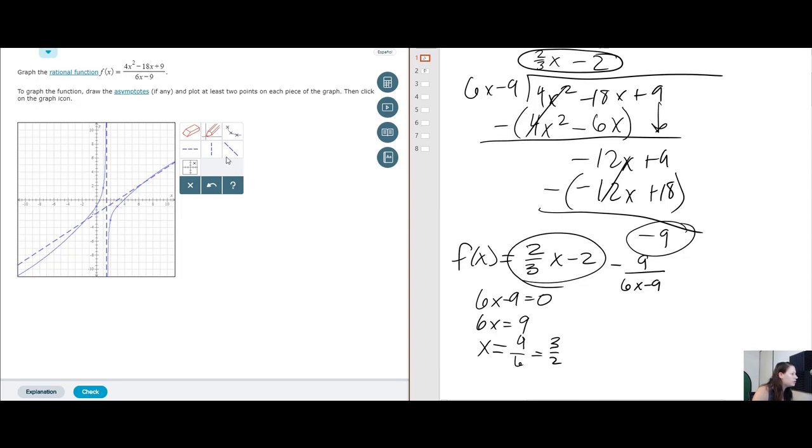If we change the oblique to 2x minus 6, that would be -6, and then up 2 over 1. If we graph those, that's even worse. Okay.